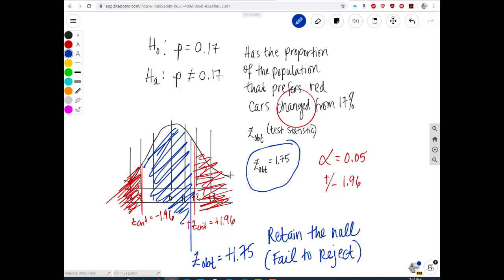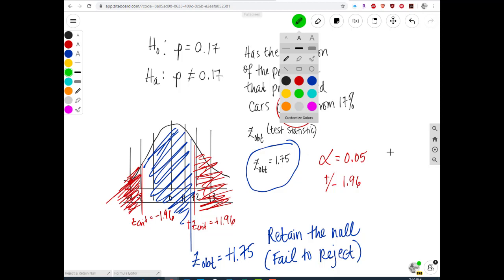For this example, I'm not going to do the probability yet because I don't want to take out StatCrunch. We're going to do that when we start doing the full hypothesis testing. But I know that my z obtained is in the area of retention and not rejection, so I'm going to keep the null.